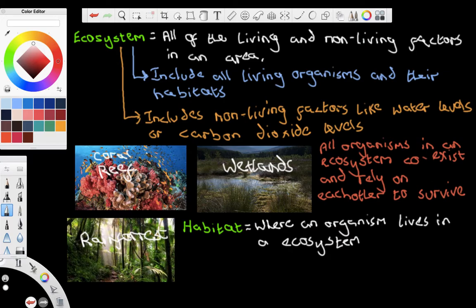Monkeys in the rainforest or any other sort of primate may live in the trees. Their habitat would be a nest in the trees. In the wetlands, the fish have their habitat in the water, whereas shrews and things like that have their habitat in the long grass. A community is all of the organisms found in an ecosystem.